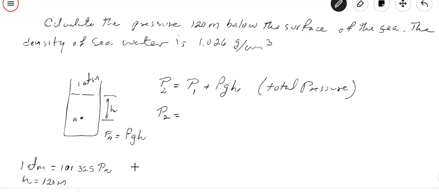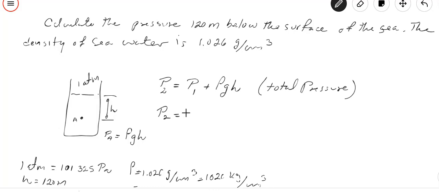And we know that the density of the sea water is 1.026 grams per cubic centimeter, this would be the same as 1,026 kilograms per cubic meter.